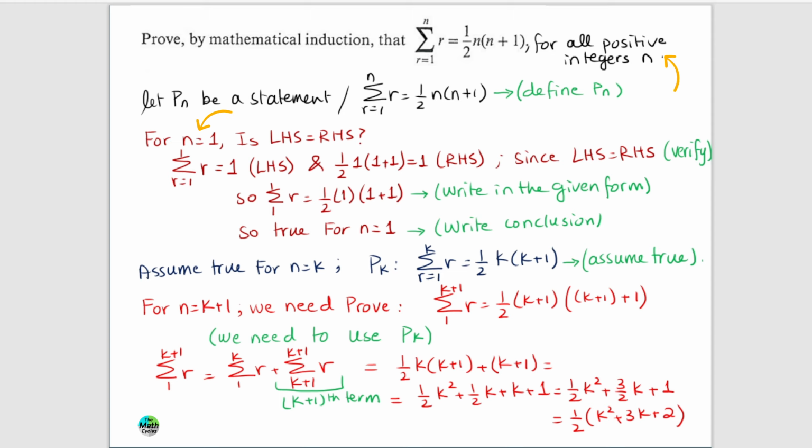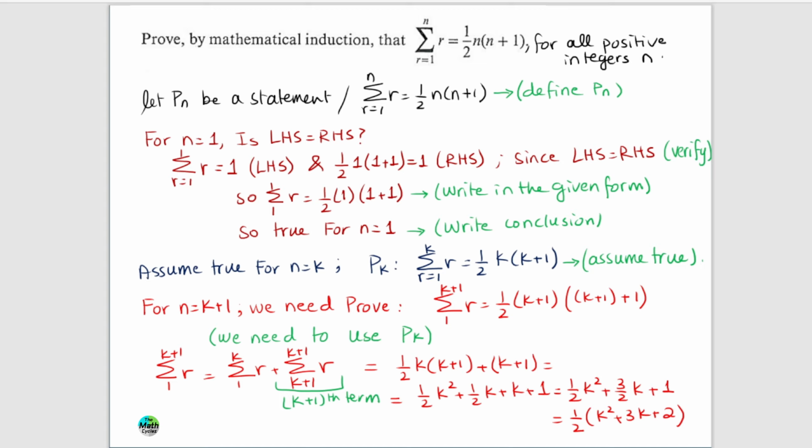No problem. Now for the base case, the smallest value, since they say for all positive integers n, the smallest here is 1. So I'm going to test this statement at n equals 1. For n equals 1, I want to check, is the left-hand side equal to the right-hand side? The summation of r from 1 to 1 is 1, and this is the left-hand side.